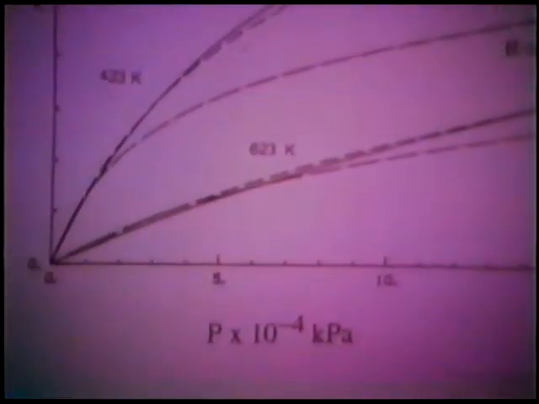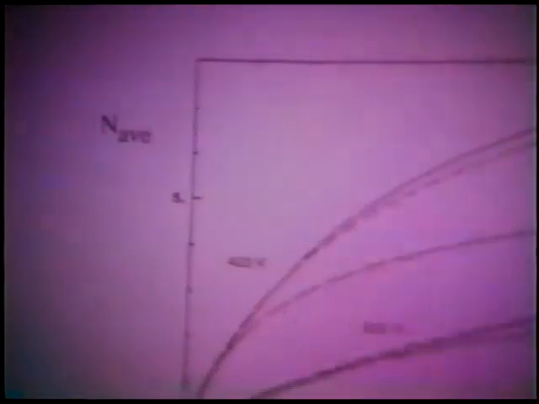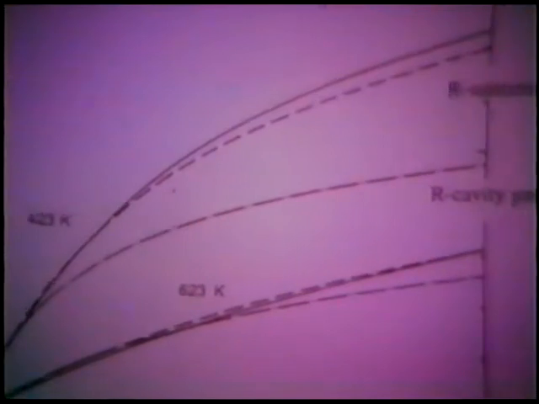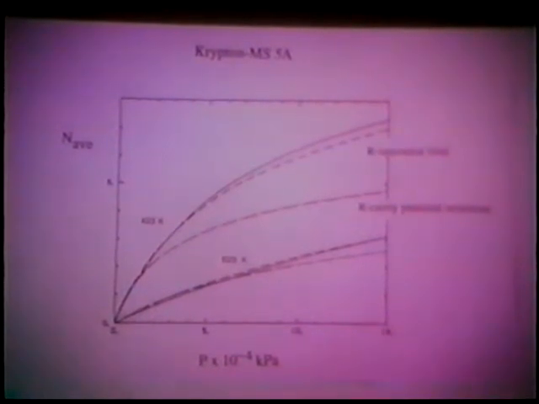And now I display an example of the krypton molecular sieve 5A system. And I compare the zero-parameter model where the radius of the absorbing surface is determined from the cavity potential minimum. I compare that to the saturation limit. The dark curves are best fit through data.